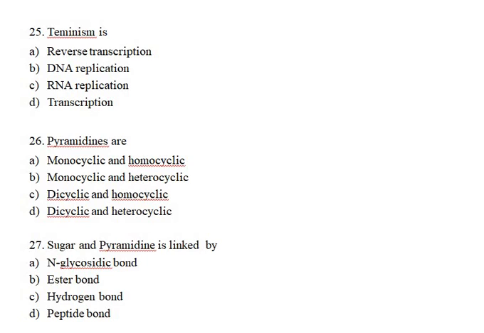Pentose sugar consists of 5 carbons. Among the 5 carbons, the N-glycosidic bond you can find in C1 carbon, that is C1 is involved in the N-glycosidic bond. C1 of the sugar is involved in the N-glycosidic bond, and N1 of the pyrimidine is also involved in the N-glycosidic bond.